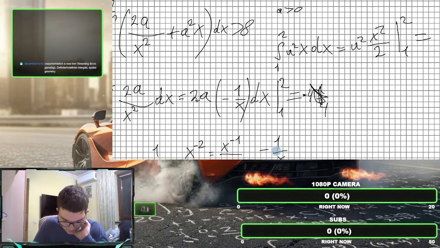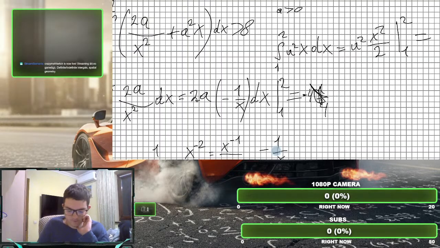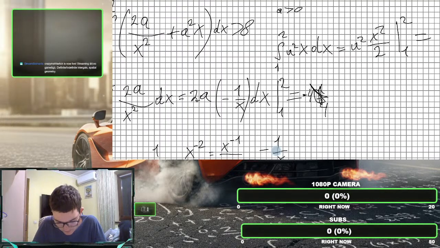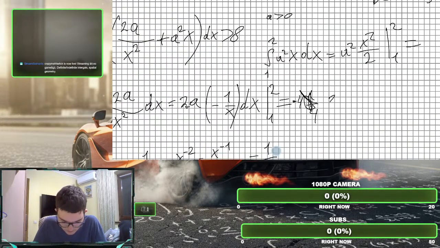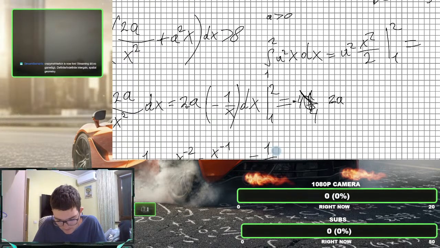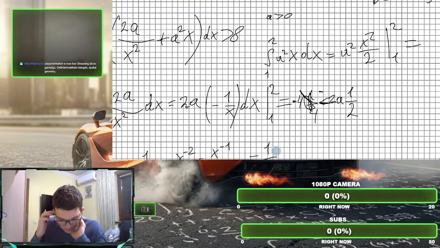Hold up. It's not that simple, right? That's an A. So it should be like 2a times minus 1 divided by 2. Yeah. So give a minus here, minus 1 divided by 2. So if I have that, just simplified, yeah.